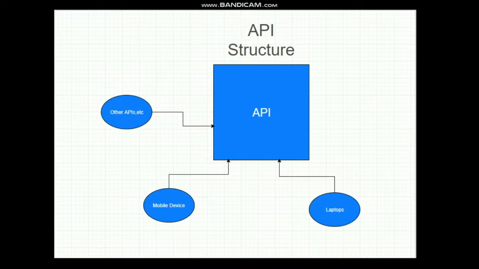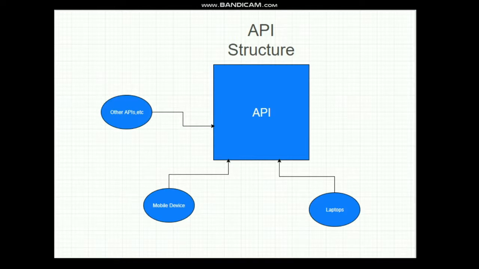Okay, so an API is an application programming interface. So I'd like to imagine that an API sits in between your database and your front-end applications. An API is mostly implemented with a client-to-server sort of architecture.